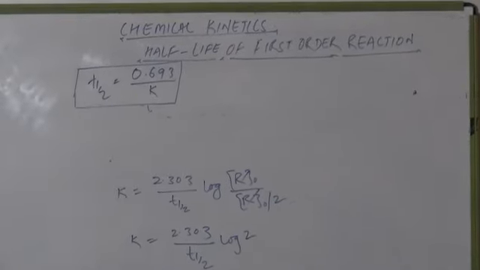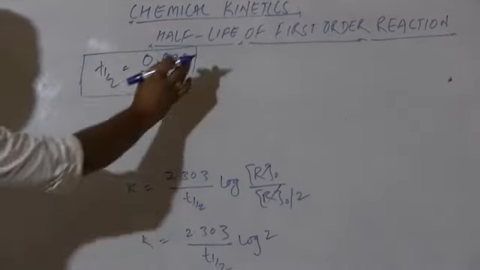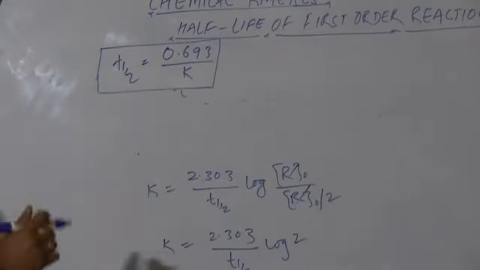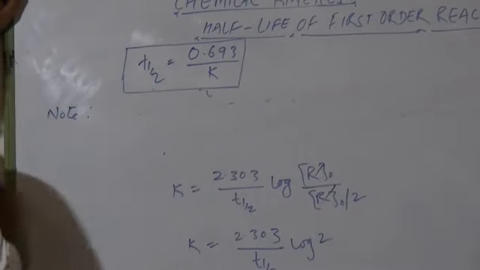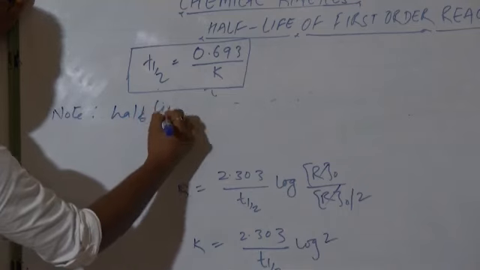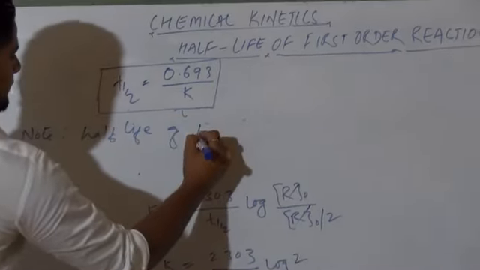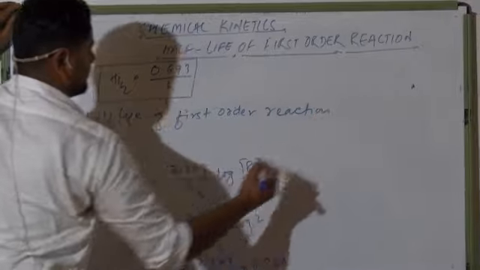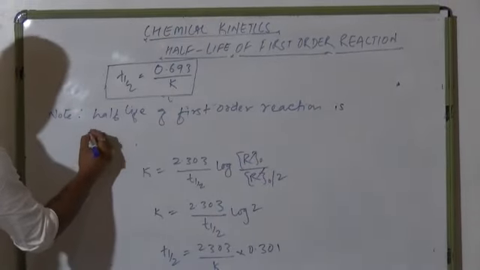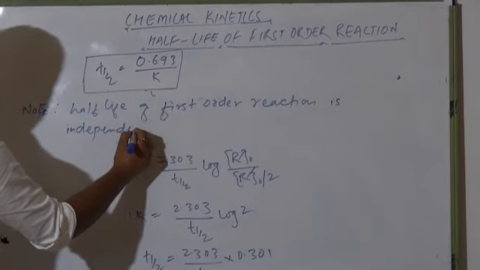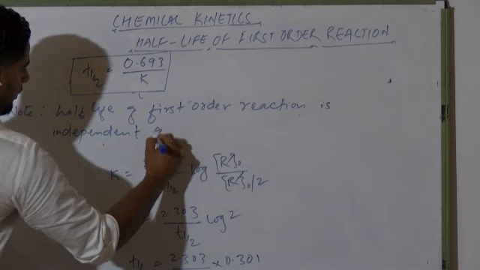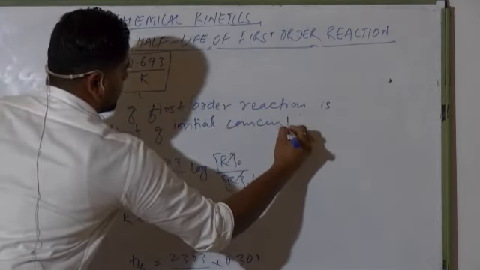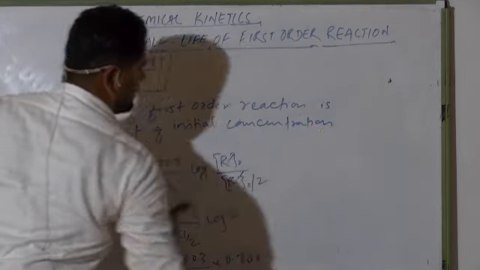Since in this expression there is no concentration term involved, there is no R term, we can write, make a note of it: the half-life of a first order reaction is independent of initial concentration.